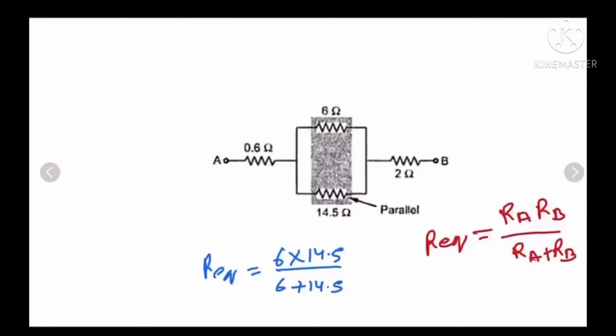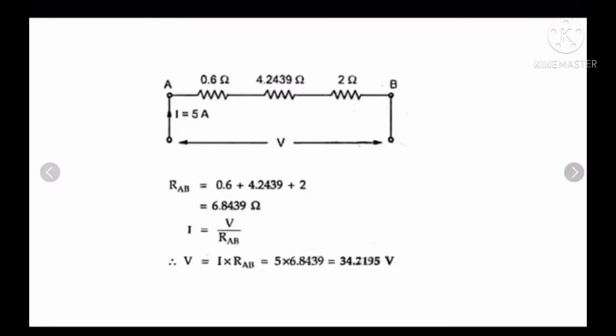After calculating this, we get 4.2439 ohm, and after replacing that parallel combination by this equivalent, we get this circuit. We can easily say that these three elements are in series.